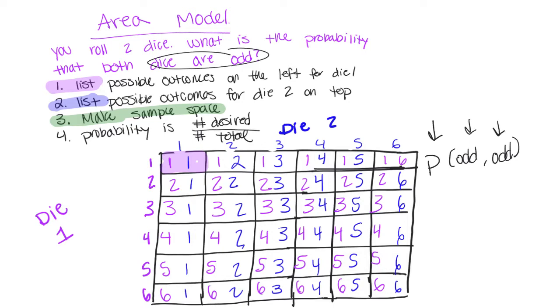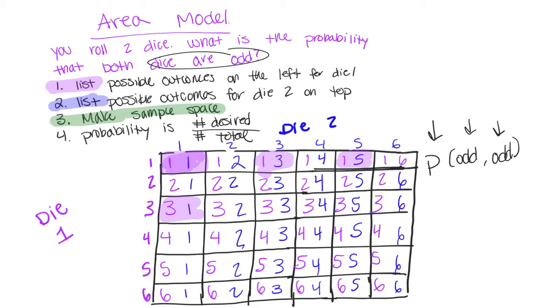I'm going to go through and highlight all of the ones where both outcomes are odd numbers. So 1 and 1 are both odd, 1 and 3, 1 and 5. For the second row, one of those dice is always going to be a 2, so I know it's not going to be any of those.